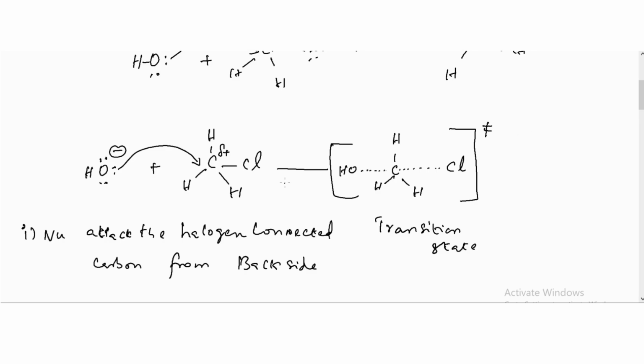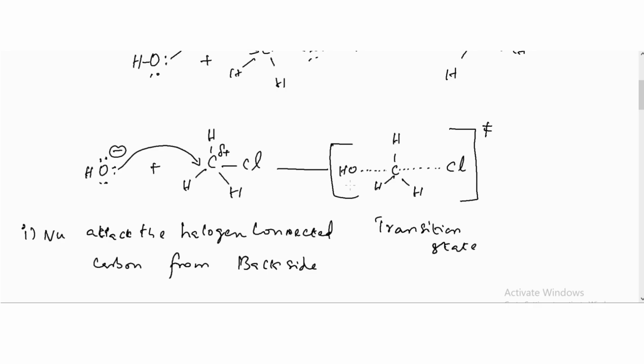In the previous reaction that we learned, the halogen departed. Now we are studying the reaction mechanism in detail. You see the OH is bonded to the carbon and the halogen is also bonded to the carbon. But look closely at the bond. The bonds shown for the OH and the Cl with the carbon are dotted lines.